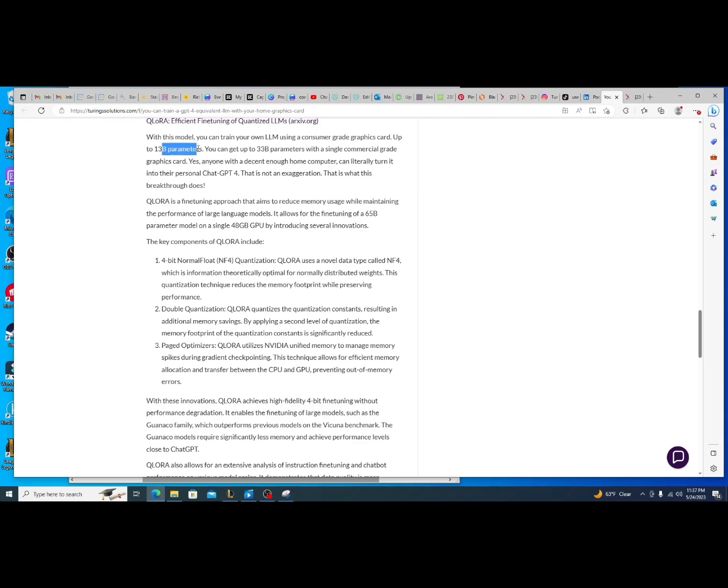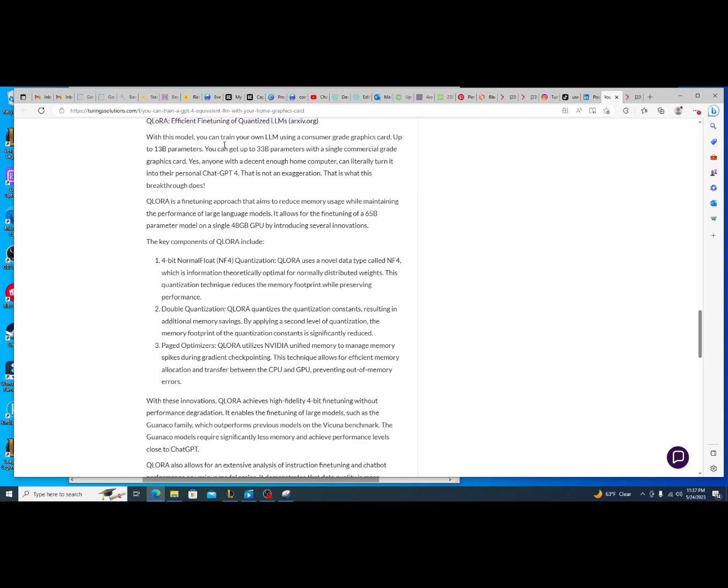So 13 billion parameters. You hear a lot of talk around parameters, and there are some models that are over 100 billion parameters, but what you'll find more and more is that there are recent models in this 13 to 16 billion parameter range that are outperforming those 100 billion plus parameter models.